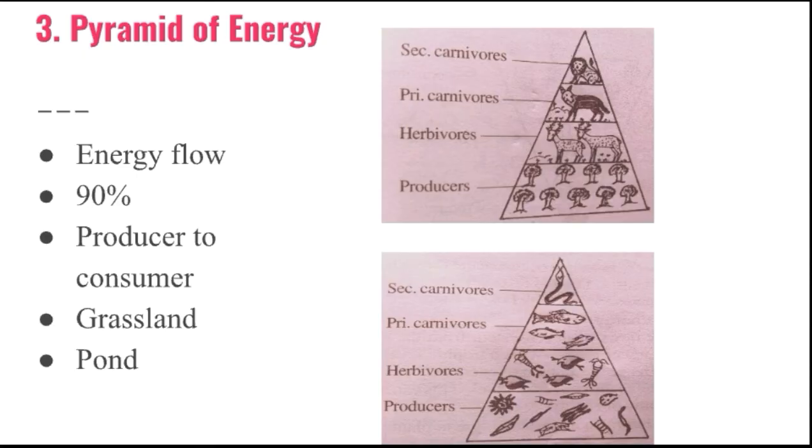You have seen there are so many plants there, and the green plants trap much more light energy. Only 10% of it is consumed in the plant, and 90% of energy is lost.